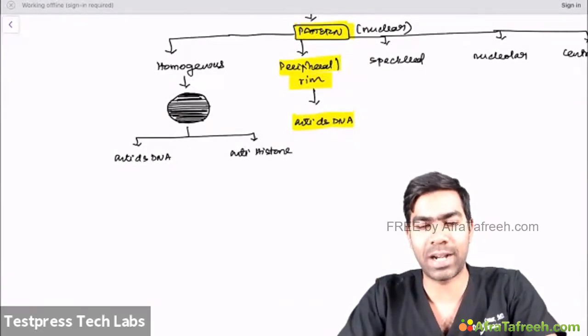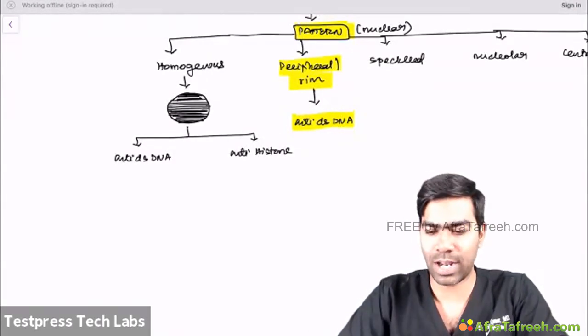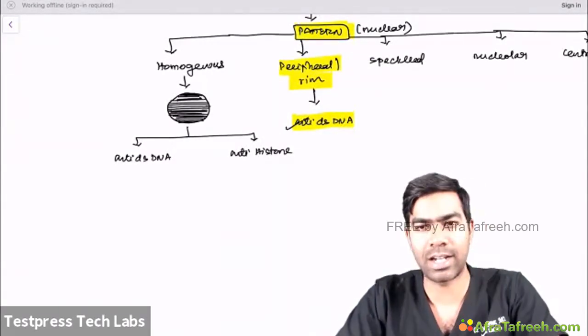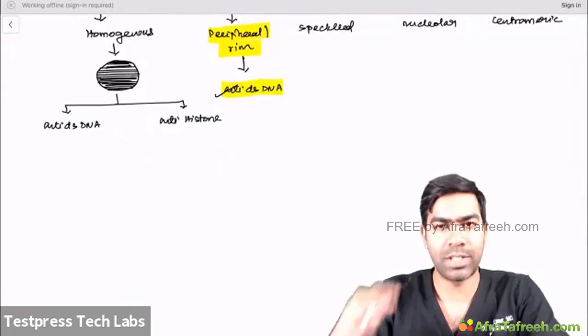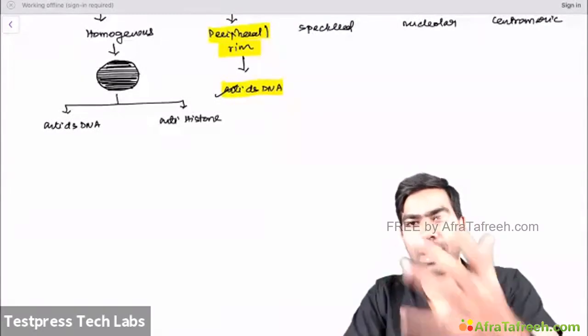If that pattern is there, then SLE is confirmed. The answer will be anti-dsDNA in that setting. That is an absolutely nonsense question, just to test your background and basic understanding.